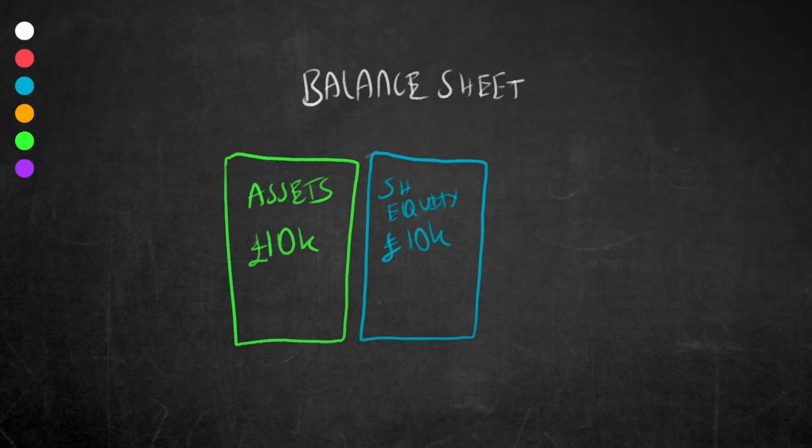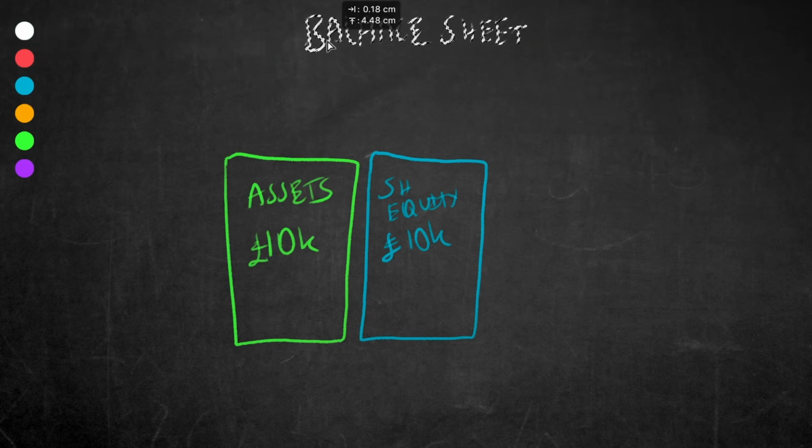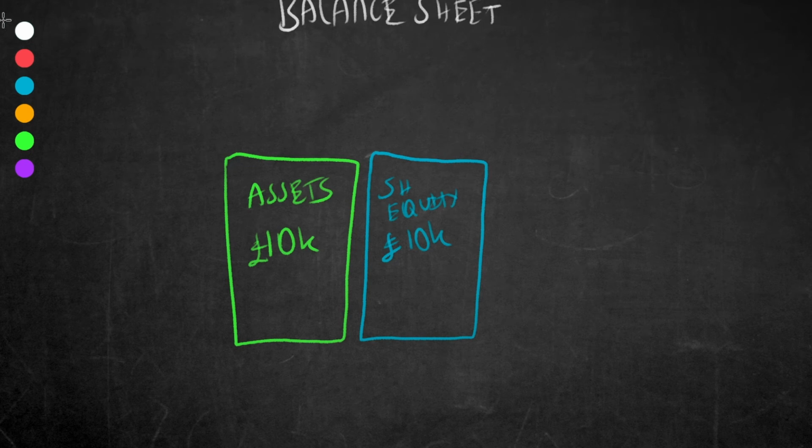Let's say that in order to kickstart the business even more, you go to the bank and the bank gives you £5,000. Let's forget about interest payments for now, but it gives you £5,000 that you need to pay back.